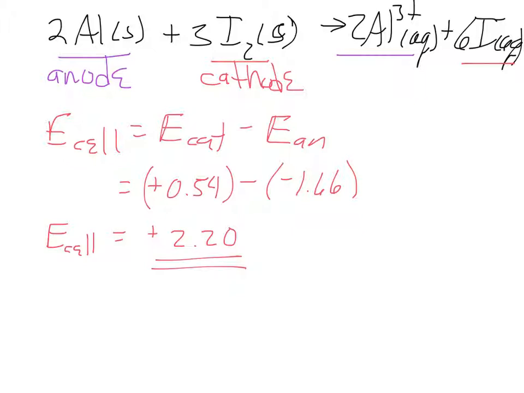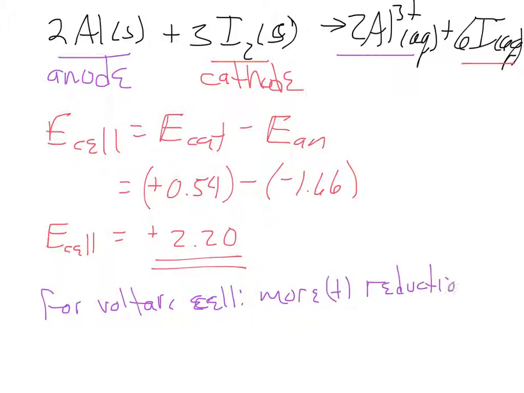It was negative. So one generalization we could make about voltaic cells, for voltaic cells, the more positive reduction potential is going to be the cathode.